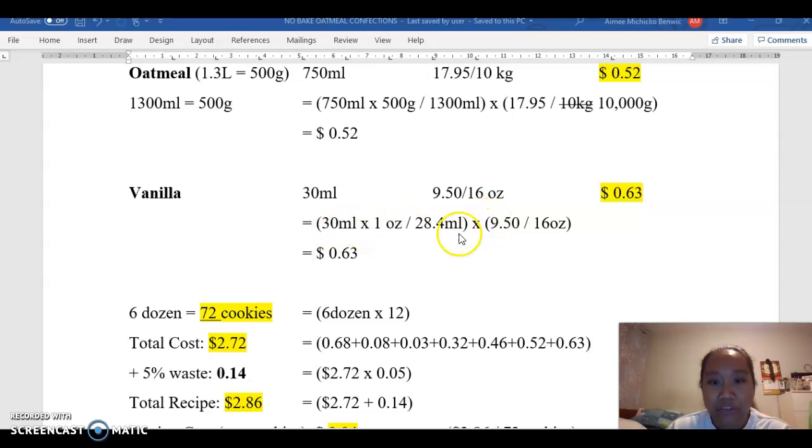We compute 30 ml multiplied by 1 divided by 28.4 ml multiplied by the unit price of $9.50 divided by 16 ounces. After computing that, that gives us 63 cents.